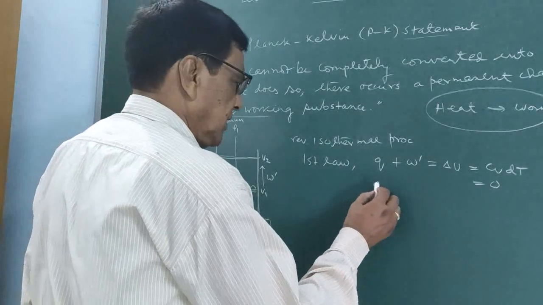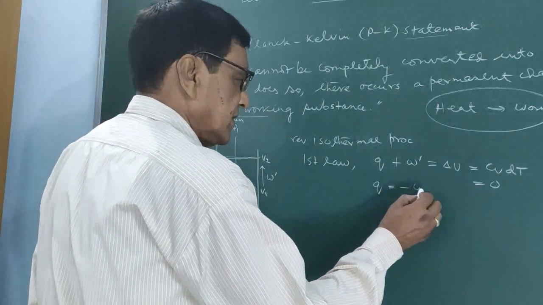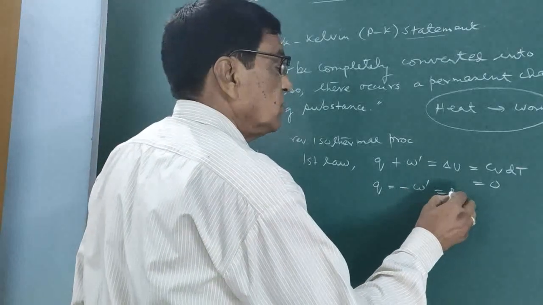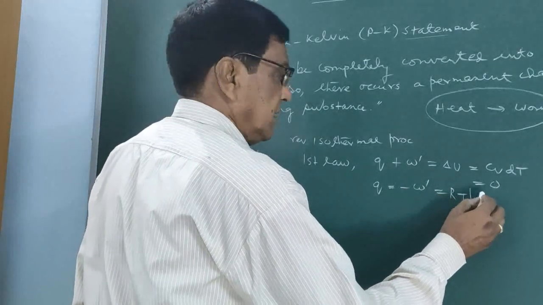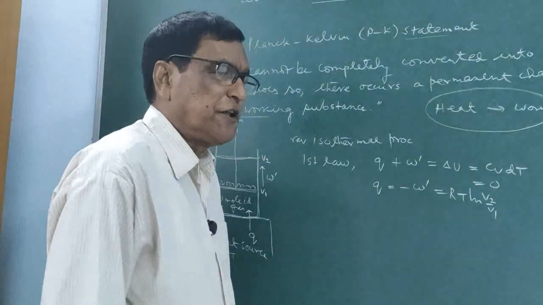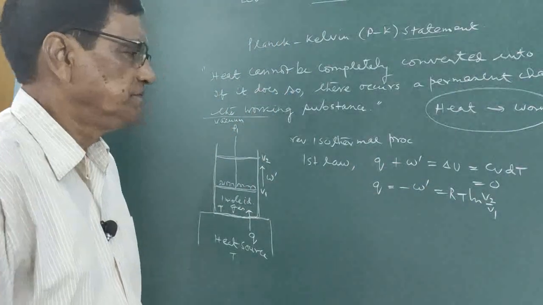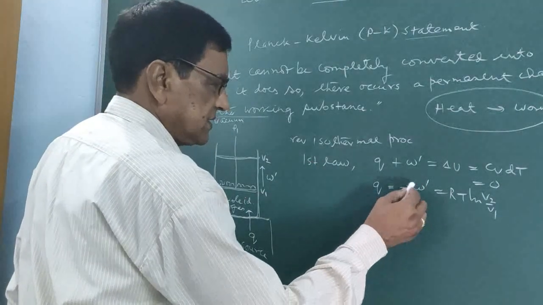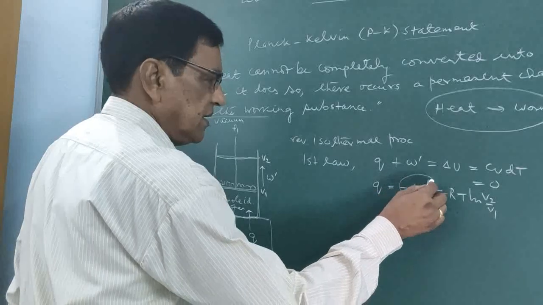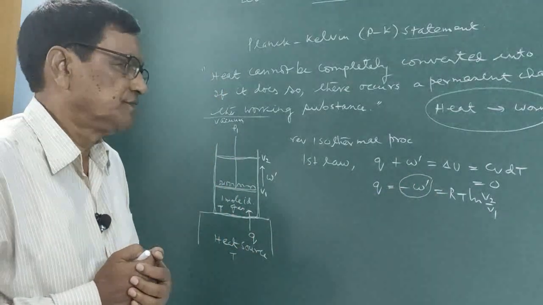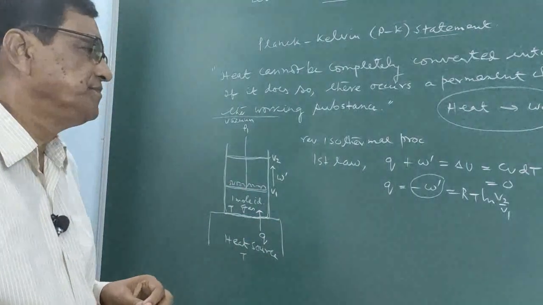So Q equals minus W dash, and this equals RT ln V2 by V1, as the process is reversible and isothermal. So this amount of work is done by the system to the surroundings.